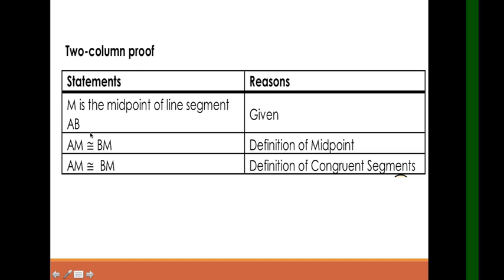So, kaya naglagay tayo dito na AM is equal to BM and AM is congruent to BM, which are the definition of midpoint at the same time definition of congruent segments. So, napatunayan natin that M is a midpoint of the line segment AB that creates congruency of the two segments.